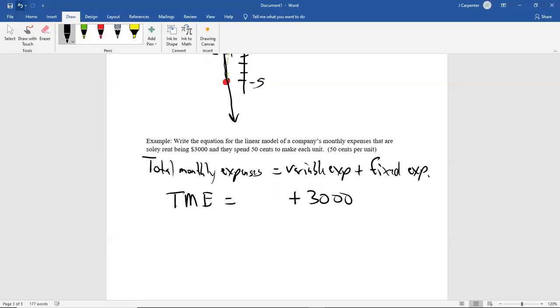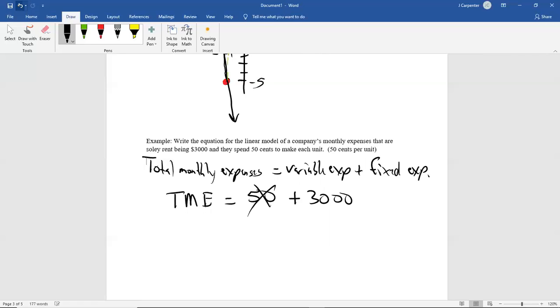But the amount that we spend on the units, the CDs, the calculators, the buckets of water we're making, whatever it is, they do cost, and we pay our employees to make them as well. And that comes out to a nice round number of 50 cents. Now, if you want your total monthly expenses to be in dollars, which is what I'm demonstrating here, that 3,000 is the dollars, I can't do 50 here.